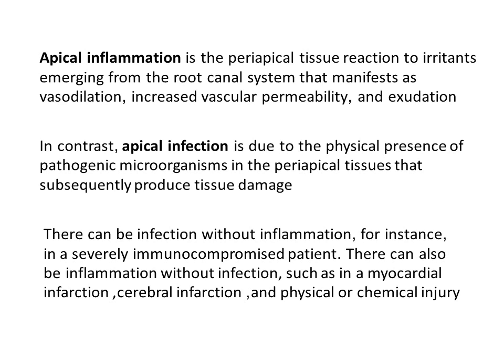That's the apical infection. And maybe it's due to the physical presence of pathogenic microorganisms in the periapical tissue that will produce tissue damage. There is some infection without inflammation. Maybe it happens in immunocompromised patients.